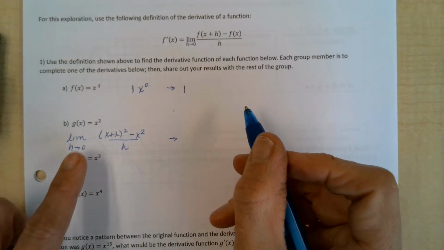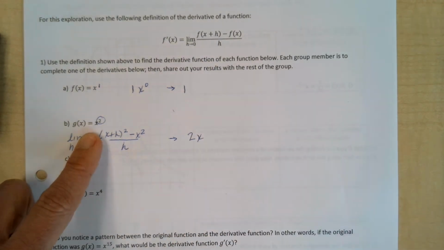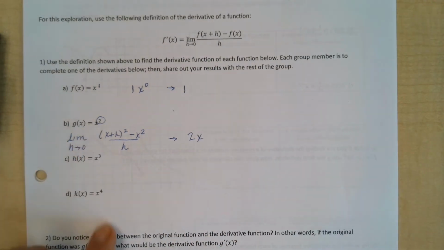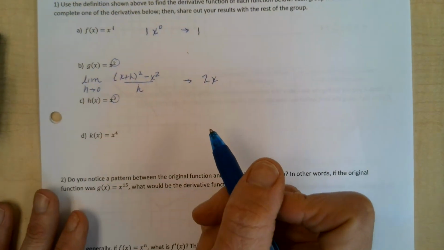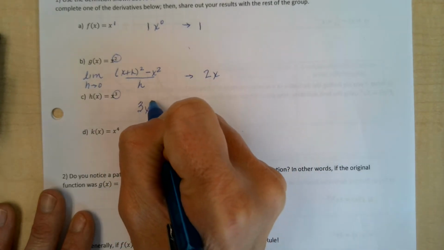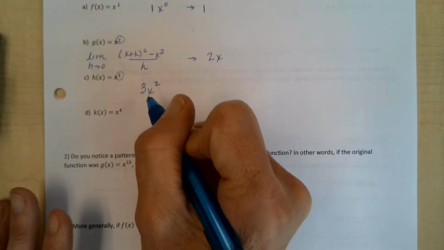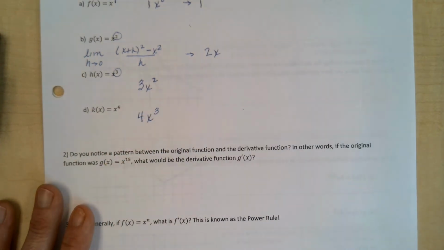Instead, what we figured out was we can take this power and stick it in front of 1 less power of x. We can take the power, stick it in front, and have 1 less power of x.